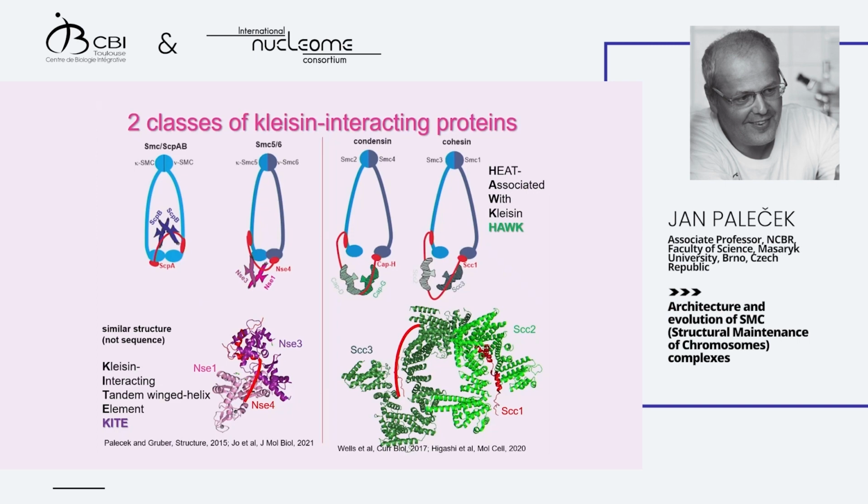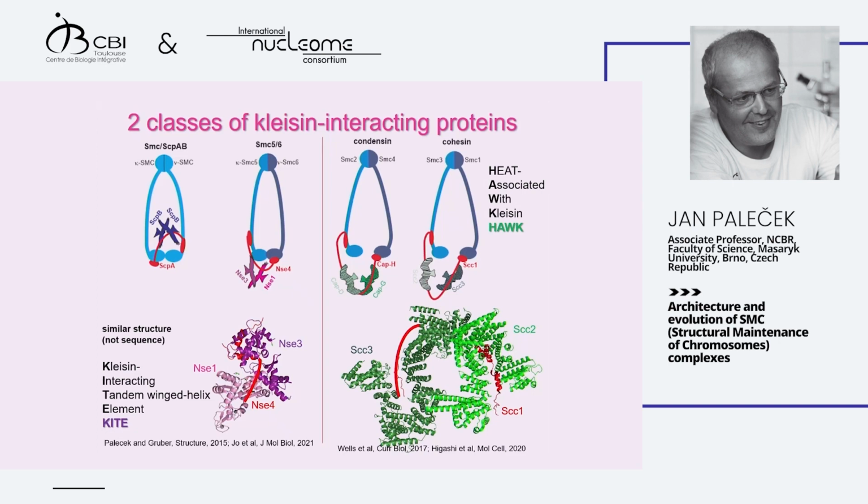They are not similar by sequence, but they are very similar by their domain composition, by their structure. They contain so-called winged helix domains in tandem. And we call this new family of proteins Kite, for Kleisin interacting tandem winged helix elements. We realized that they are similar, so it might be that these bacterial SMC complexes are similar to eukaryotic SMC5/6 complexes.